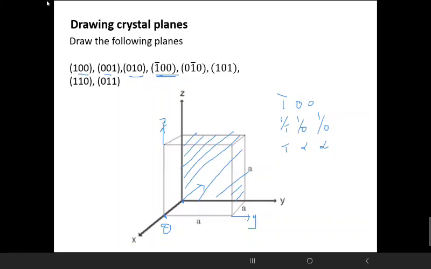To check your understanding, I'm going to give this question to you: 0, bar 1, 0. Please draw the plane for these Miller indices and send it to me via WhatsApp. Please do it quickly.